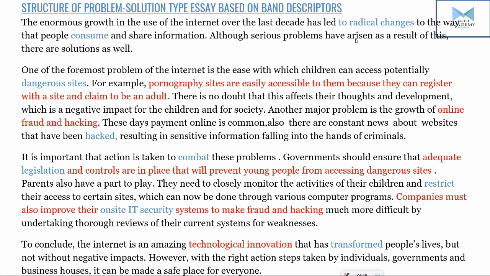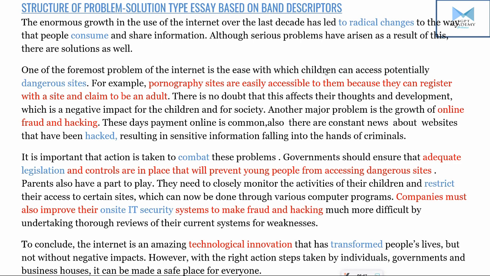Although serious problems have arisen as a result of this, there are solutions as well. So we will see in the first paragraph what the problem is. One of the foremost problems of the internet is that children can access potentially dangerous sites. See, foremost is the word which adds to the grammatical range, and it is an appropriate usage of this word here.